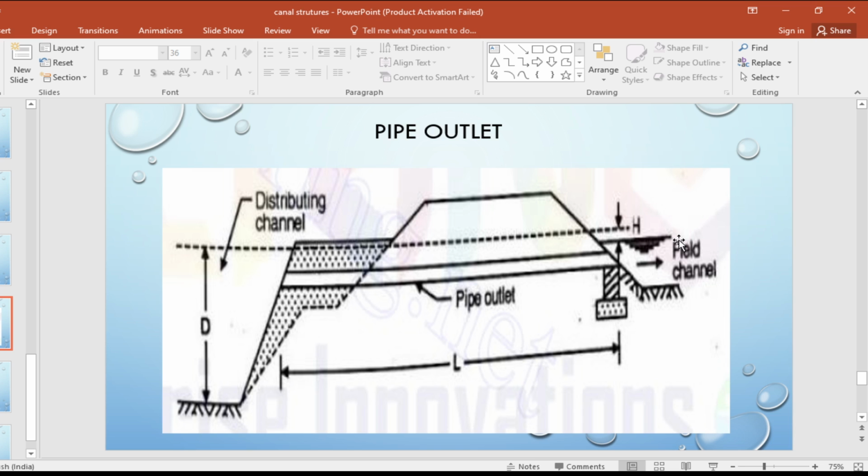These are submerged pipe outlets, laid on the light concrete foundation, to prevent uneven settlements and leakages. These are generally fixed horizontally at right angles to the direction of flow.